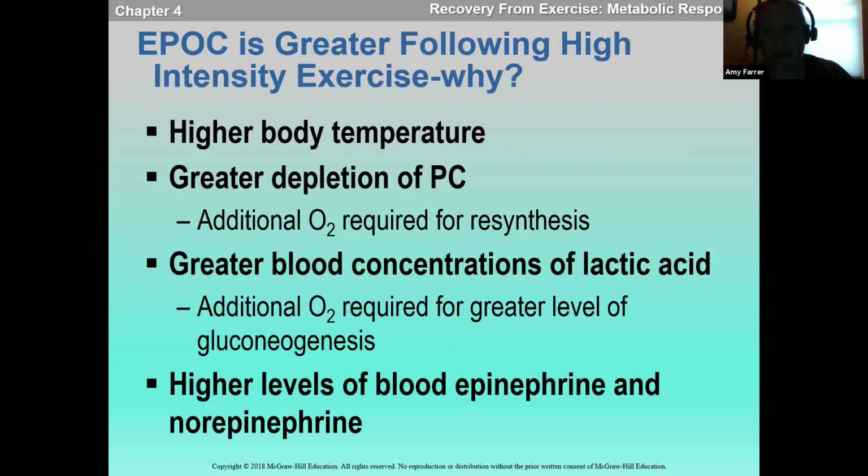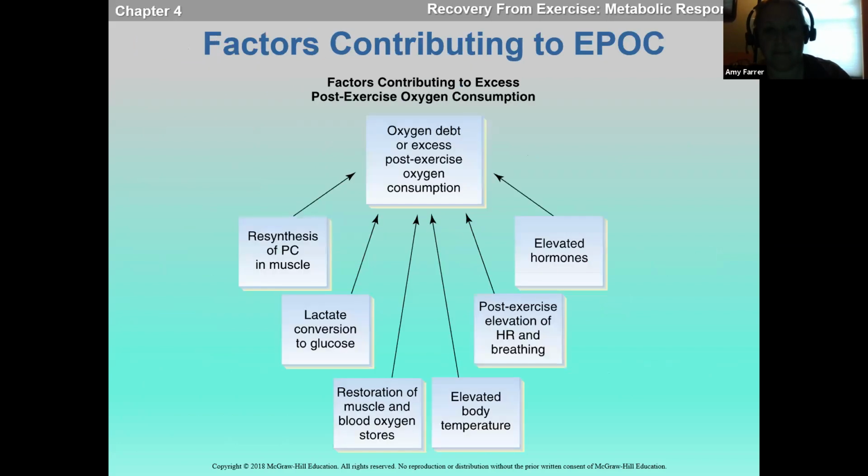So again, why? With high intensity, we're going to have a higher blood temperature. We will have completely depleted the PC stores. We're going to see more lactic acid because we're going to have lived in that anaerobic state a little longer than we wanted to. So we're going to see higher levels of epinephrine and norepinephrine circulating.